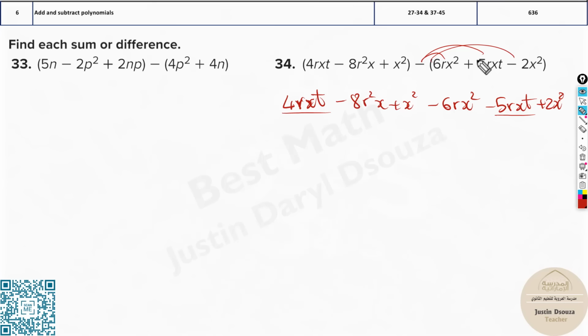This is minus to plus will become minus. So now minus 5 plus 4 is minus r squared x, right? Yes. And what about x squared plus 2x squared? It's plus 3x squared.